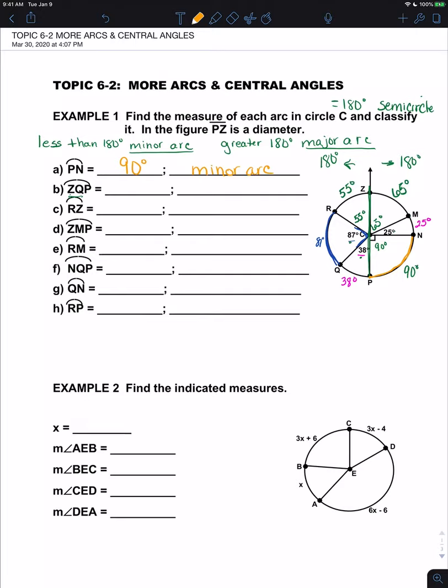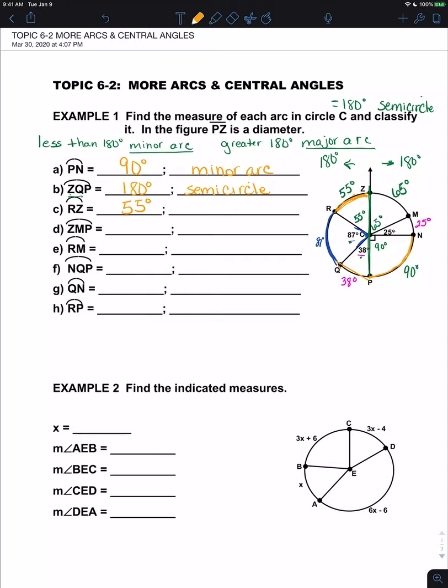Okay, now from Z going in the direction of Q to P, so Z to Q to P is, well, that's our semicircle, so that's equal to 180 degrees. R to Z is just this one, and we know that that one is 55 degrees.